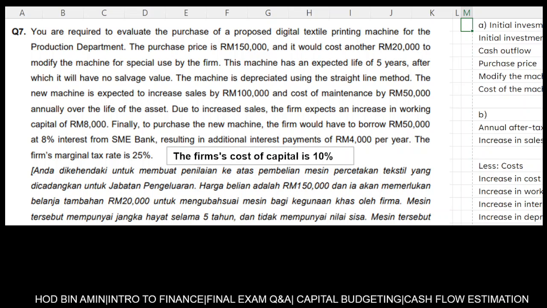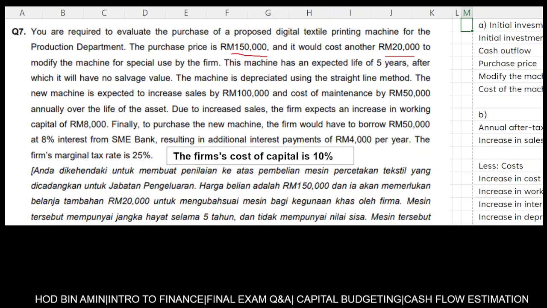And the purchase price is 150,000. So this is the initial investment, and it will cost another 20,000 to modify the machines. We have to include this 20,000 in the cost of the machine, because if we do not include it, then the machine will not operate. The machine has an expected life of 5 years.